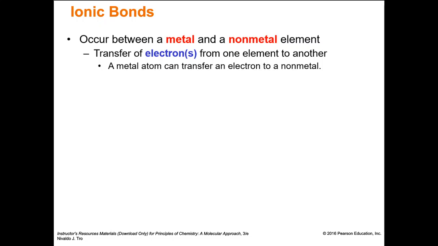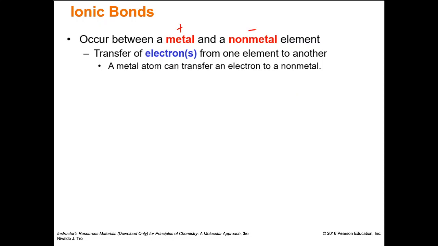Your non-metals are going to be on the right-hand side, things like your halogens, oxygen, nitrogen, carbon. Those are all your non-metals. An ionic bond involves the transfer of electrons from one element to another. So we need a positive, usually the metal, and we need a negative, usually the non-metal.